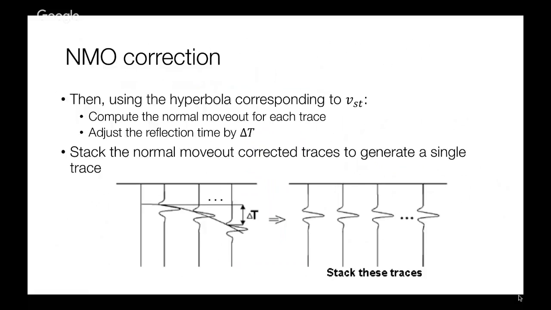That has essentially turned it into a normal incident reflection, which is now going straight down and coming straight back up. So we've taken out the geometry effects of the longer travel times for the measurements with the larger offsets, and we now have a flat line reflector in the final image here.